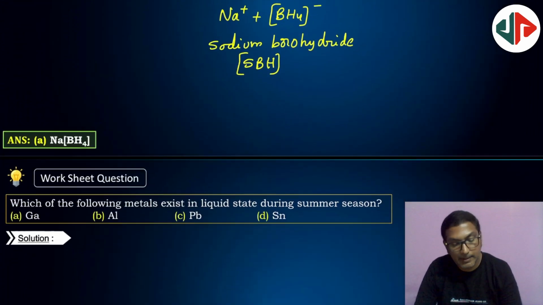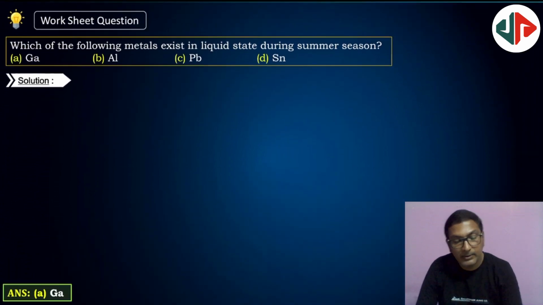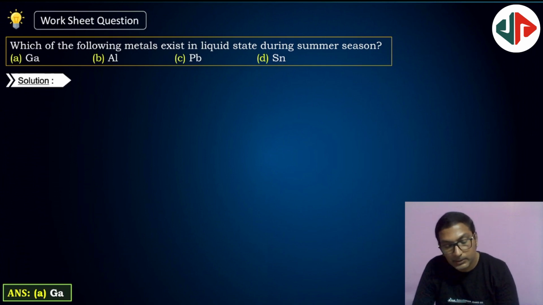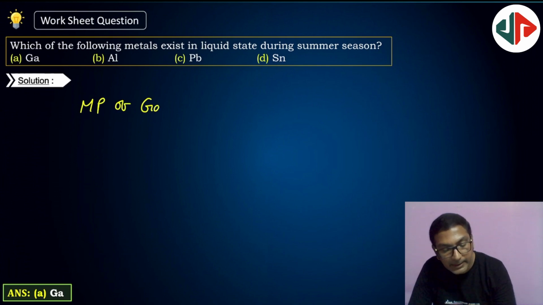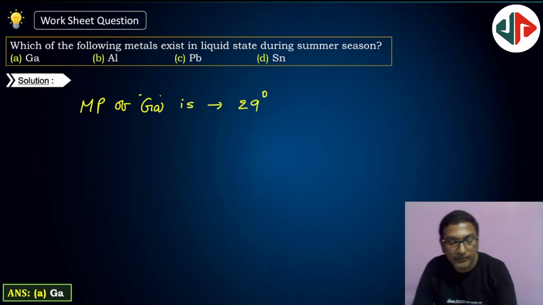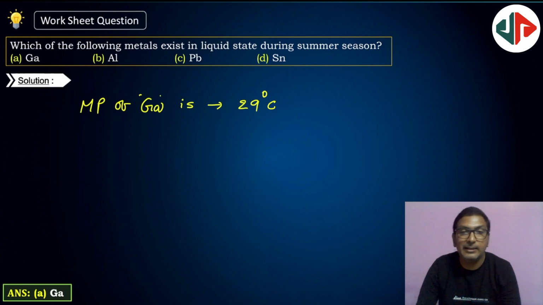Next. Which of the following metals exist in liquid state during the summer season? Physical state can be decided by melting point. The melting point of gallium is approximately 29 degrees centigrade. Summer temperature will be more than 29 degrees centigrade.